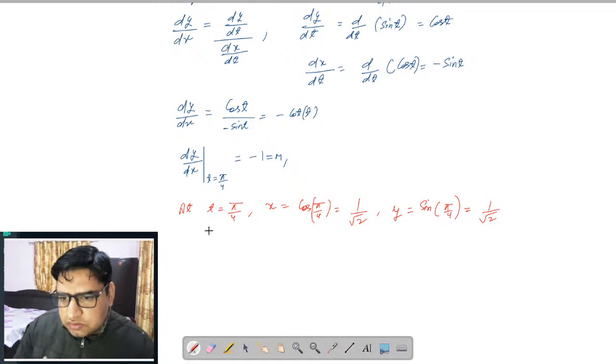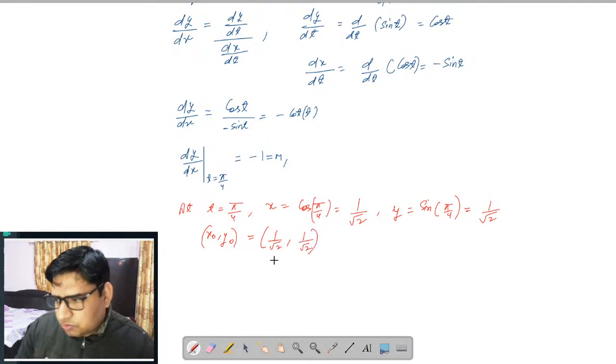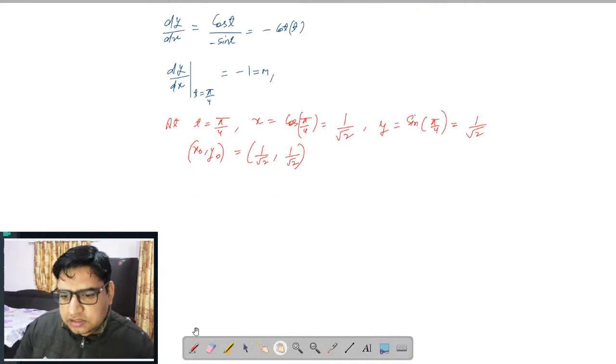Okay, so x naught and y naught, the point on the curve where the tangent is drawn, is 1 by root 2 and 1 by root 2. Okay, and we'll use that to write down the equation of tangent to the curve.